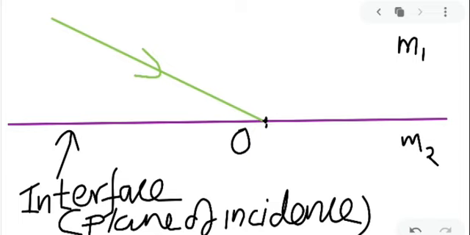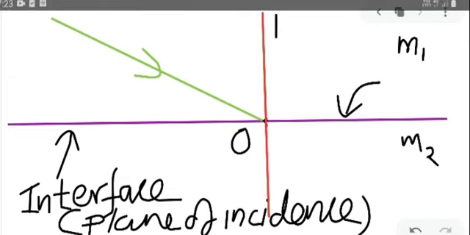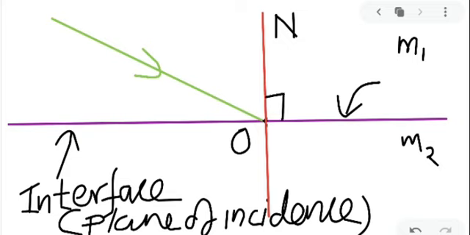Let me go ahead and define what a normal at that point looks like. The normal at that point will be a perpendicular imaginary line, a line perpendicular to the plane of incidence. So this purple line was our plane of incidence, and this is our normal, and the normal is perpendicular to the plane of incidence.